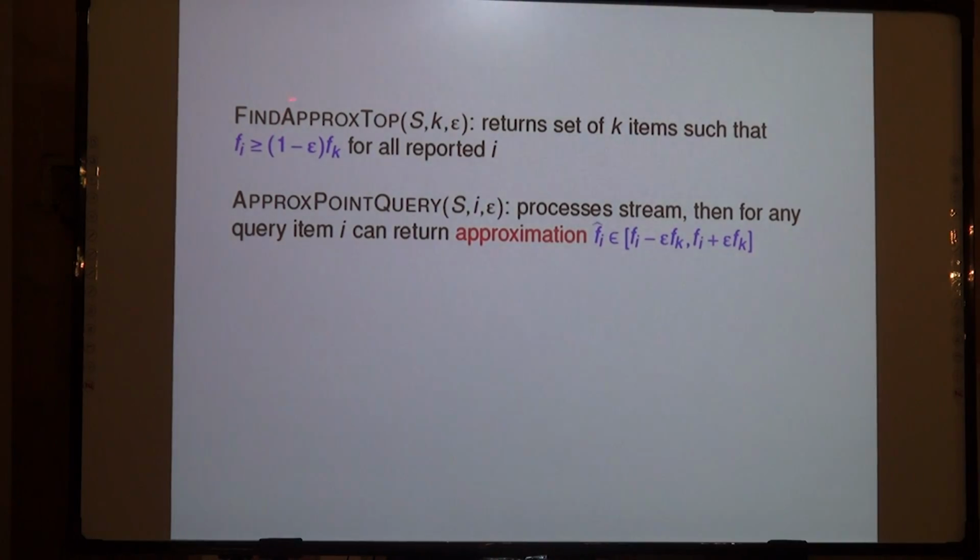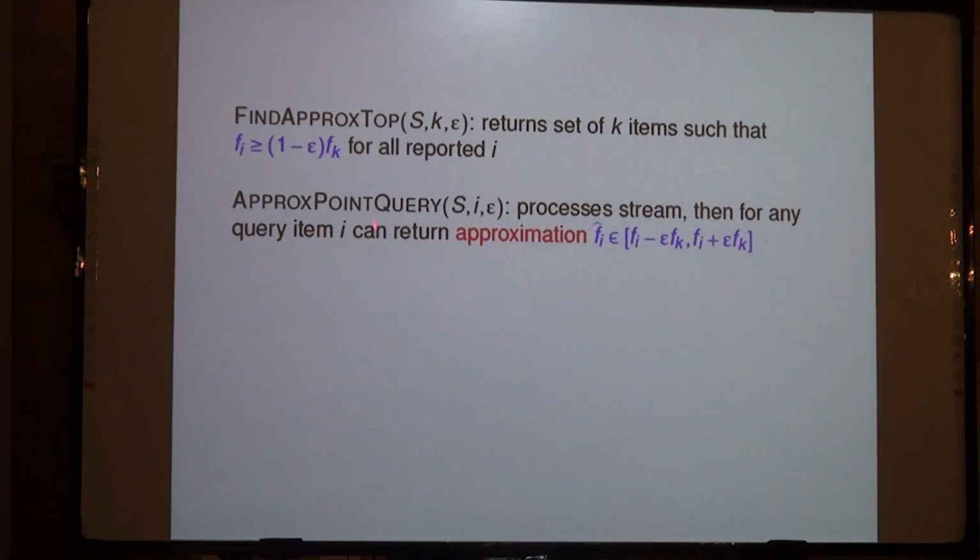If epsilon is 0, then this is exactly the precise problem of returning the top k items. But if epsilon is some constant, think of 0.01, this is an approximate, relaxed version of the problem. It will be easier to solve.